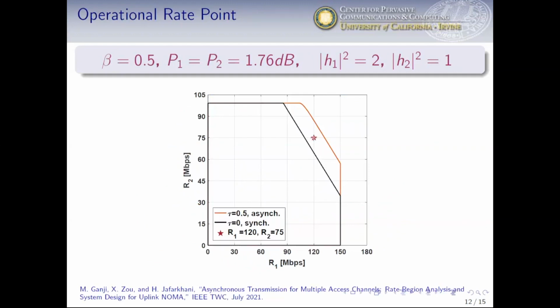In fact, you can even design practical coding and modulation schemes to achieve an operational rate point like this, which is outside of the rate region of the synchronous system, which means you cannot achieve this with any synchronous NOMA scheme, while you can achieve it with these coding and modulation schemes for asynchronous NOMA.